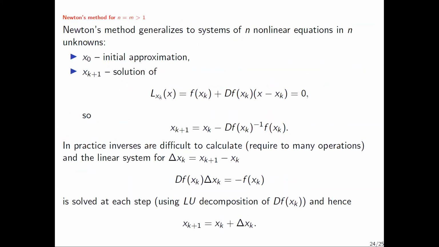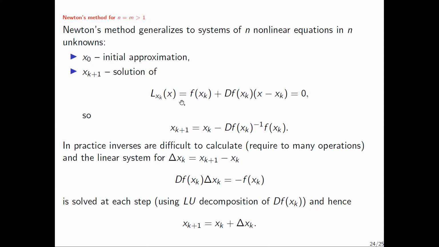Okay, and then we generalized this method to higher n and m, but n was the same as m. So the function maps n-tuples into n-tuples.